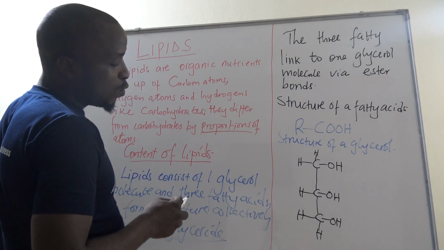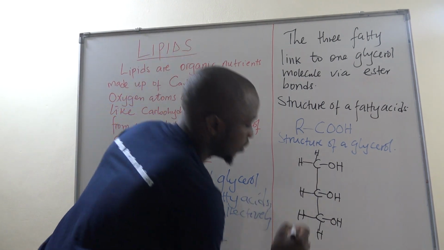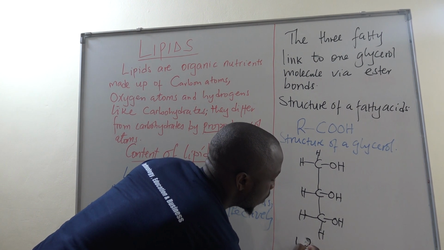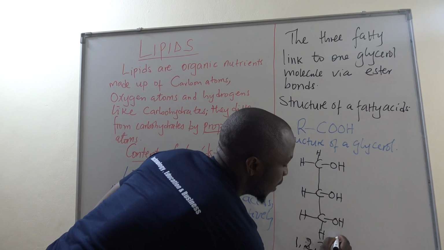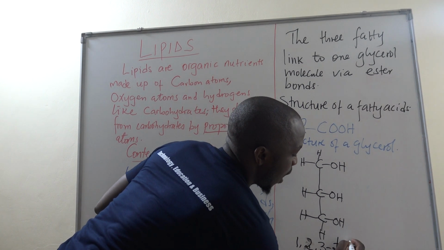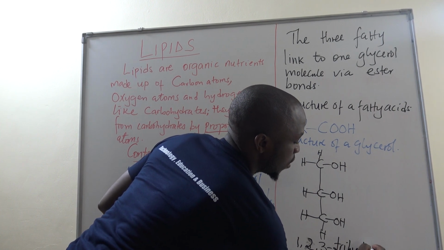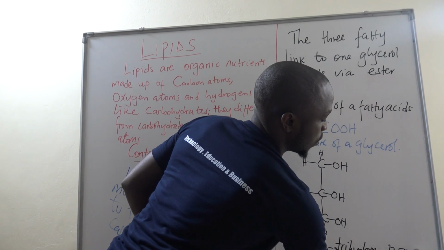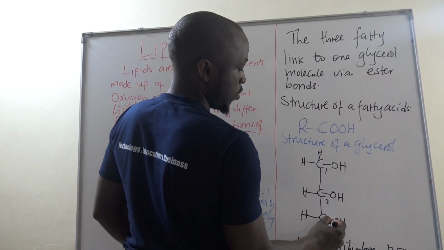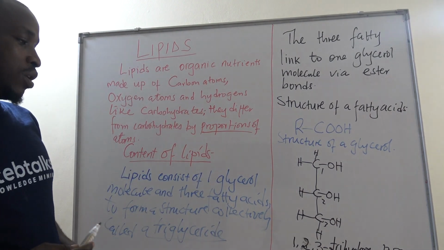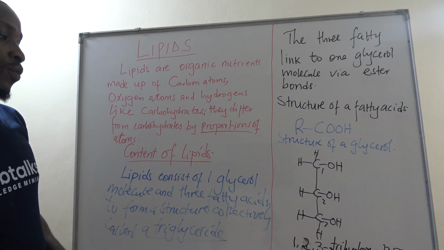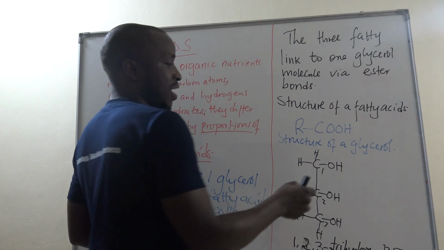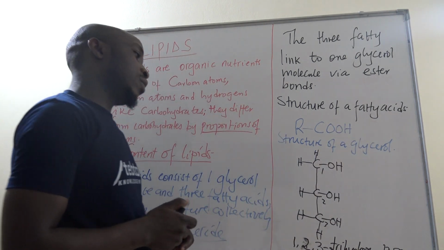The IUPAC name would be very interesting. We would even say 1, 2, 3 trihydroxy propane, 3 carbon atoms. That is 1, 2, 3. So it would be 1, 2, 3 trihydroxy propane. But biologically, we refer to it as a glycerol molecule.